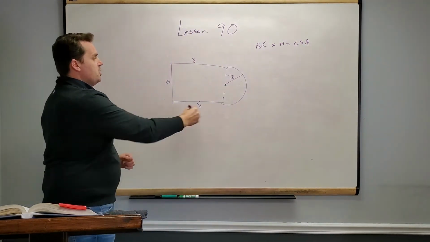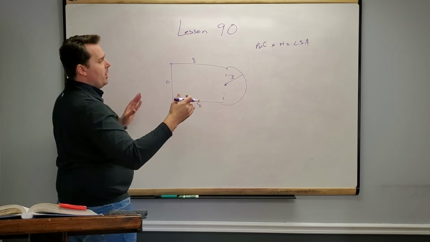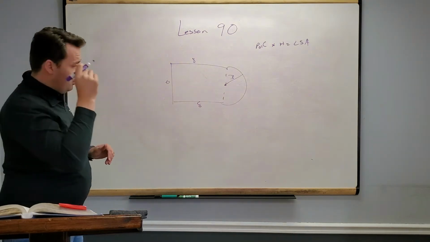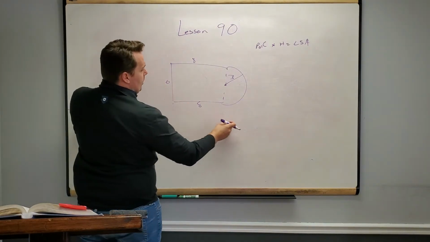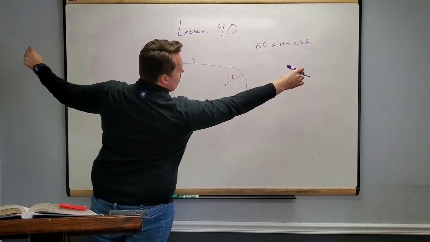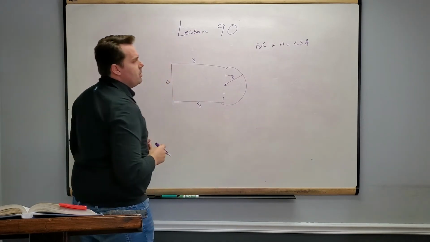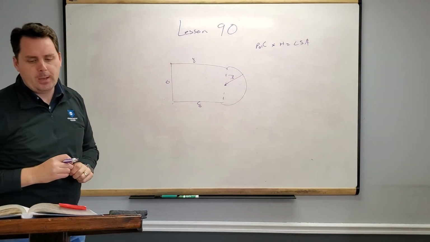If I found the distance around this object and times by how tall it is, I basically know the answer, because what I'm doing is cutting a corner right here and unfolding it all the way out. If I know how long the entire line is, and I know how tall it is, I'll find out my answer pretty quick, okay?